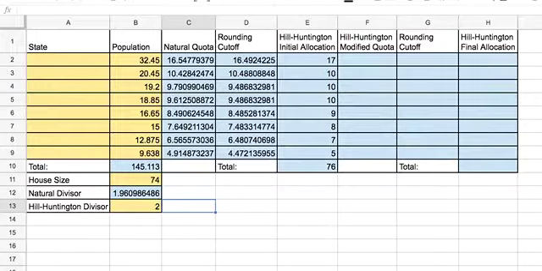Hill-Huntington divisor. Now, ideally, that's going to go and calculate the rest of the spreadsheet for us. Oh, we've got to write some formulas for that. Modified quota. We've done that before.